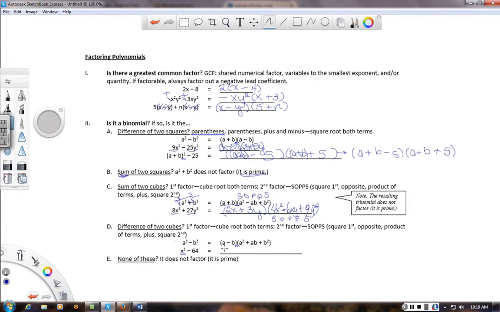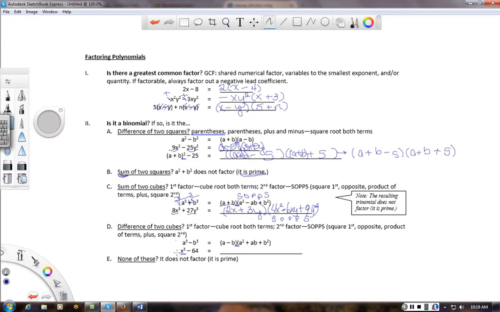So we square the first term, which gives me a squared. It was a minus, so the opposite sign is a plus. We take the factors of AB, that becomes my middle term. My second P stands for plus, and then finally we square the last term, b squared.